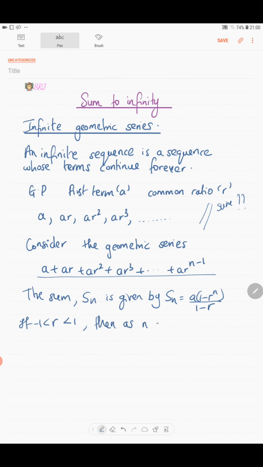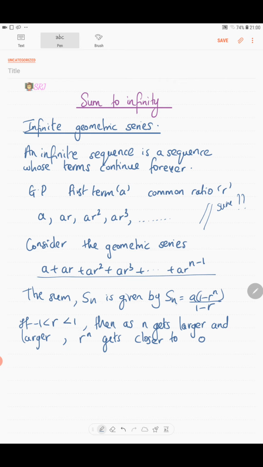Now if r lies between minus 1 and 1, then as n gets larger and larger, this r power n will get closer to 0. Here, because it is an infinite series, n will keep on becoming large.